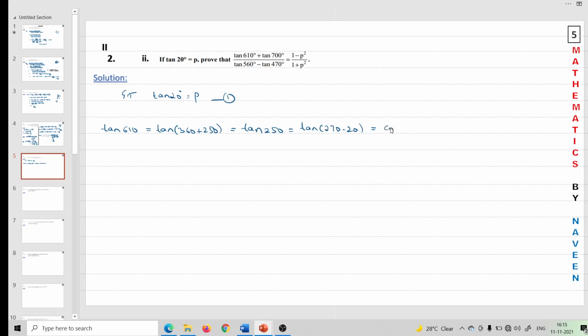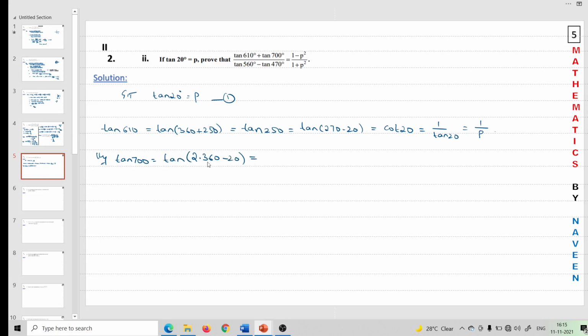So there is a change in trigonometric ratio: cot 20 can be written as 1 by tan 20, which is nothing but 1 by p. Similarly, tan 700 equals tan of 2 times 360, which is 720, minus 20.